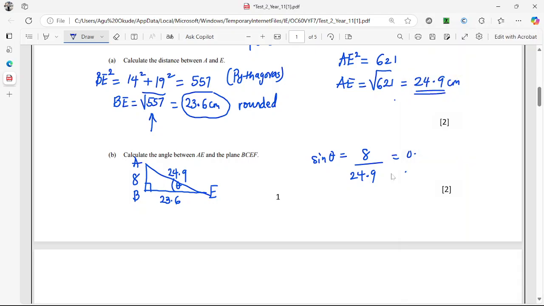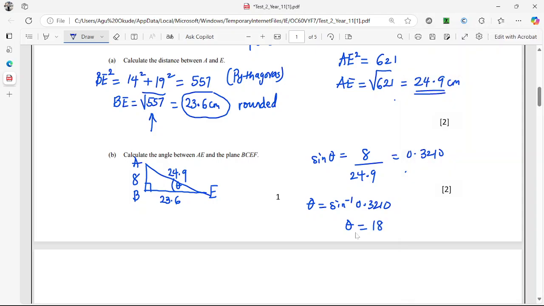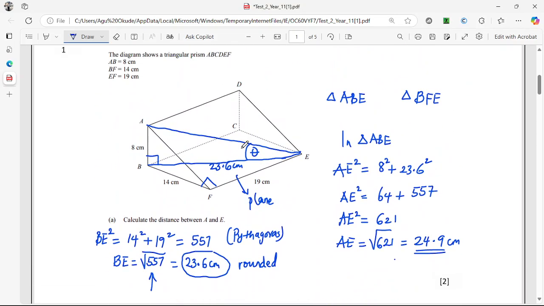So the value of theta is going to be the inverse sine of 0.3210. Just press shift and sine, and I have 18.7. So 18.7 is the angle to 1 decimal place. That's the angle between the line AE and the plane. So the angle here should be 18.7 degrees.